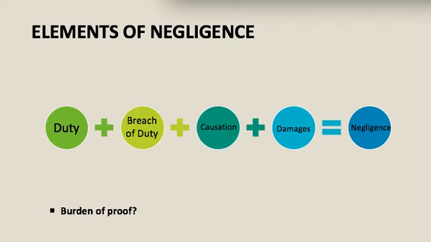We're looking at how they might go about proving each of these elements in court. Next week we'll switch the script a little bit and start to think about things from the defendant's perspective and how they might go about defending themselves in a negligence claim. But for today, we'll focus on it through the lens of the plaintiff.